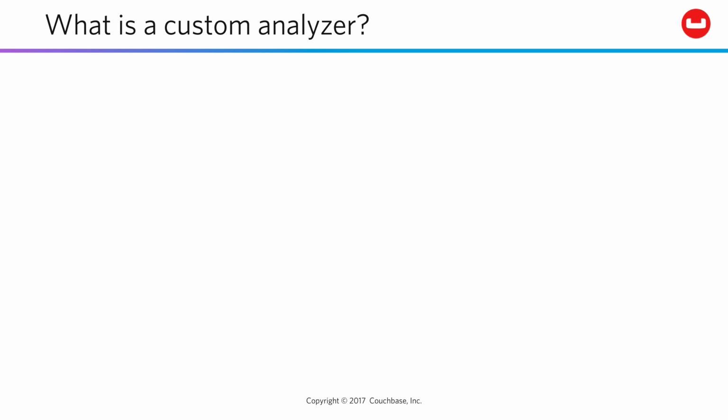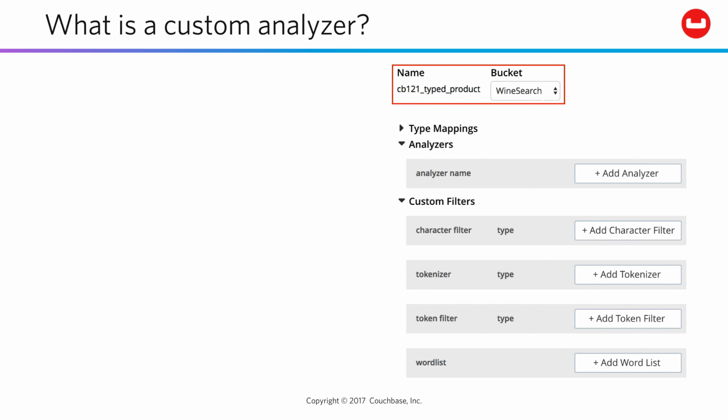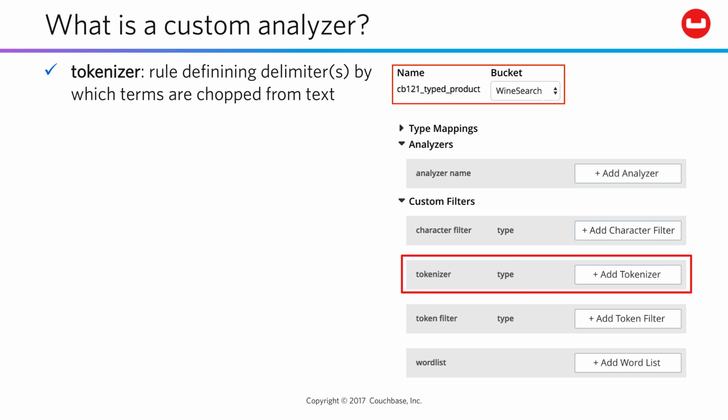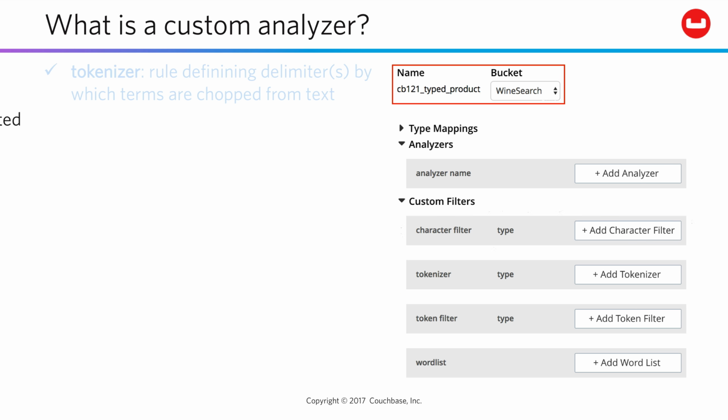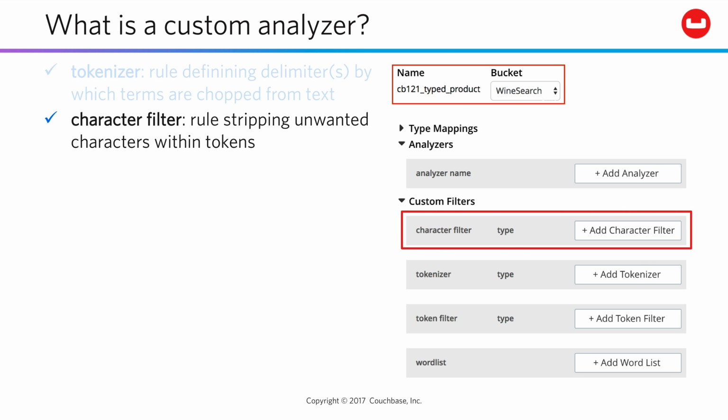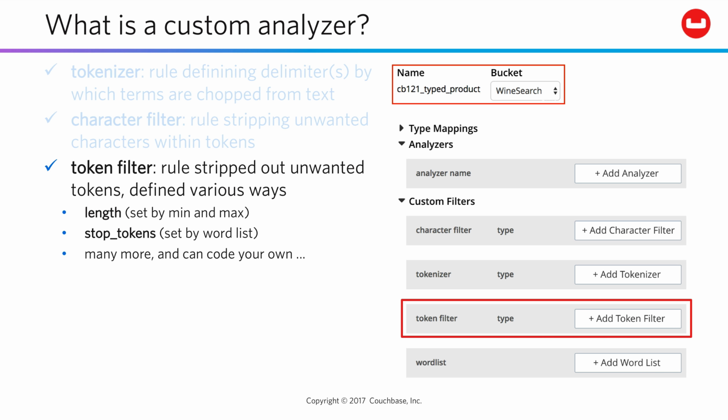A custom analyzer can be built by configuration and layered on top of other analysis. It will include a tokenizer to determine how individual terms are extracted from text, and may include one or more character filters to strip unwanted characters from those tokens, and then one or more token filters to strip unwanted tokens during analysis, possibly based on character length or based on a customized list of stop words.